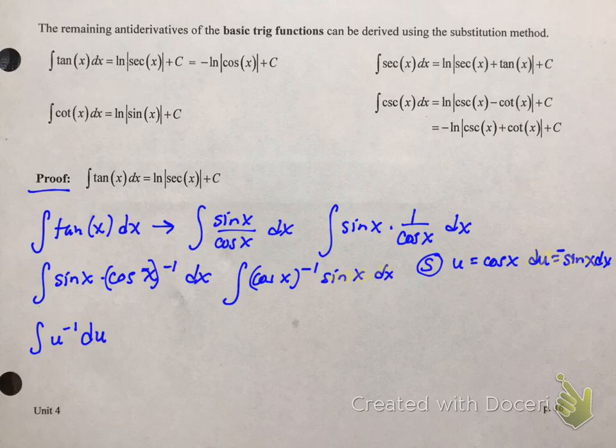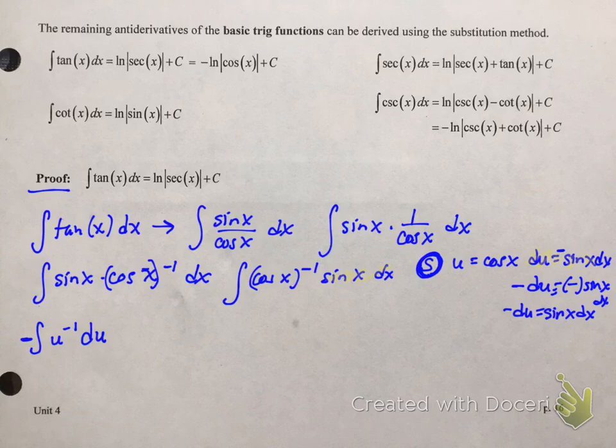Going back to the substitution: if u equals cosine x, du equals negative sine x dx. I have to make them match, so I'm going to multiply everything by negative 1. So negative du equals sine x dx. I should have a negative sign hanging out here. Sorry about that.